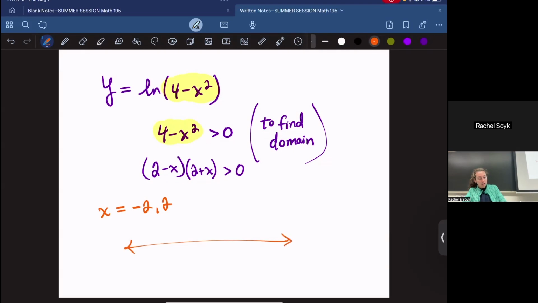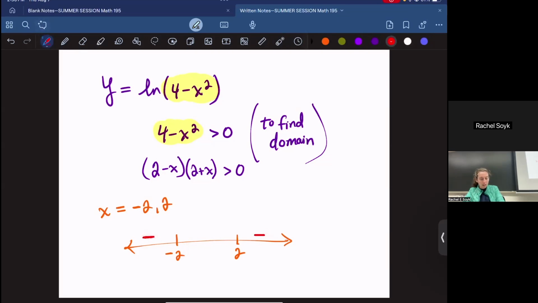And then we just test our values. You'll notice that we get negative results if we choose a value that is smaller than negative 2 or greater than 2, right? 4 minus 100 gives you a negative number. 4 minus, in parentheses, negative 10 squared, which is also 4 minus 100, negative.